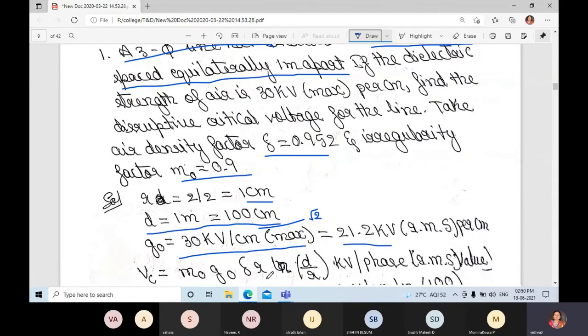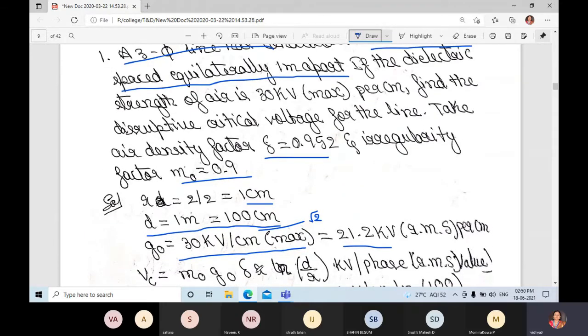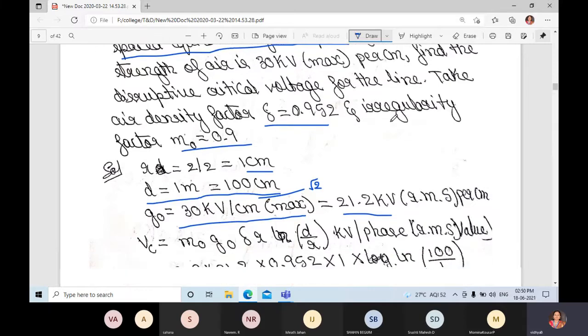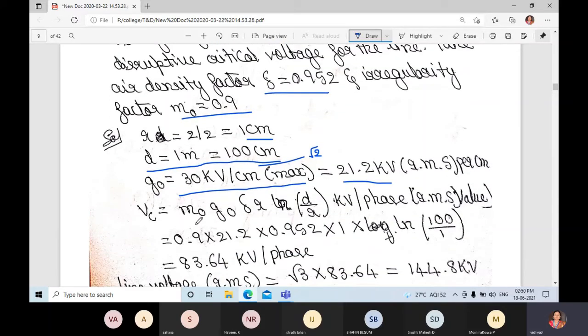So VC is equal to, they have asked to find the disruptive critical voltage for the line. VC is equal to, there is a formula, M0 G naught delta R ln D by R. We know the values of M0, G naught, delta and R. Substitute the values. D value is 100 and R value is 1.